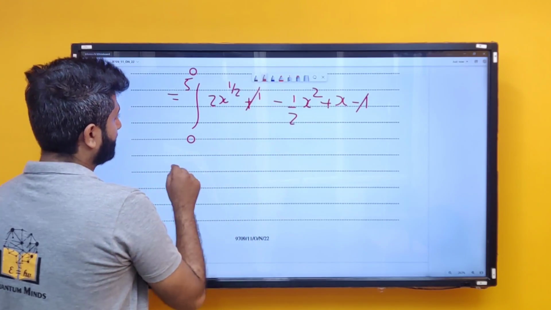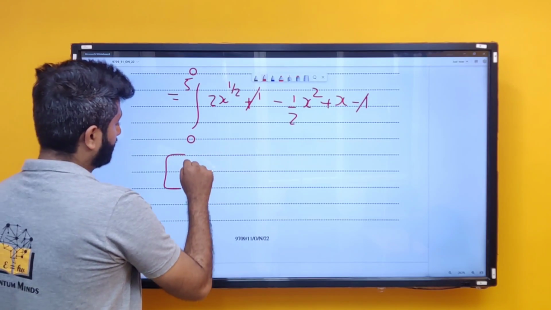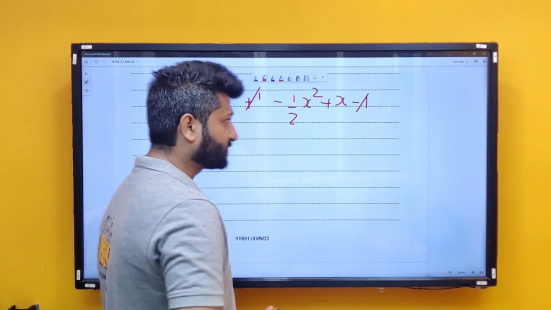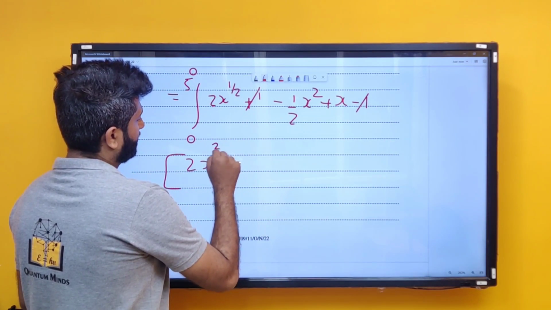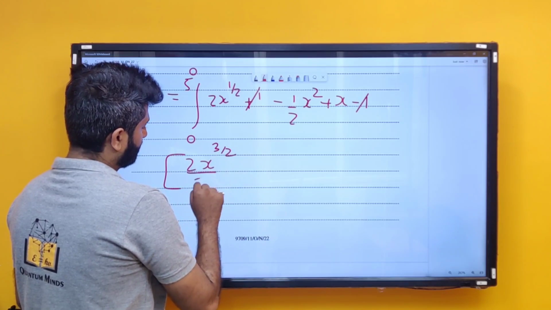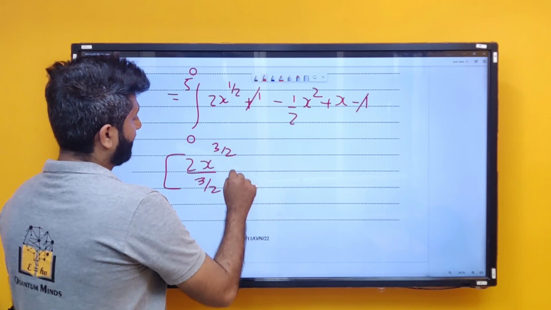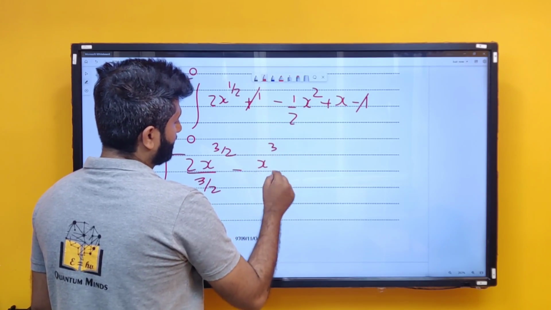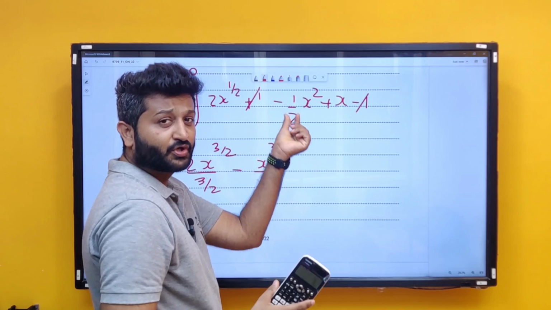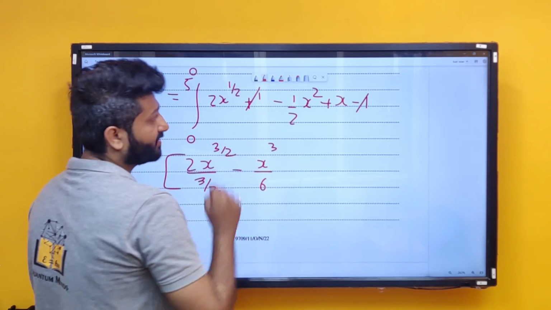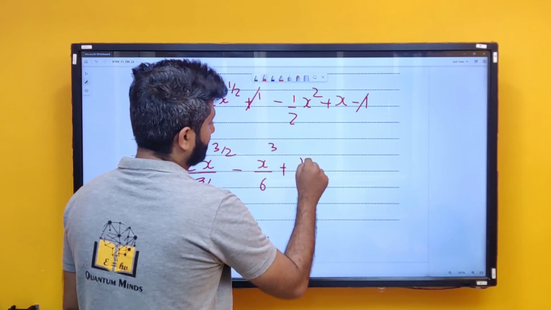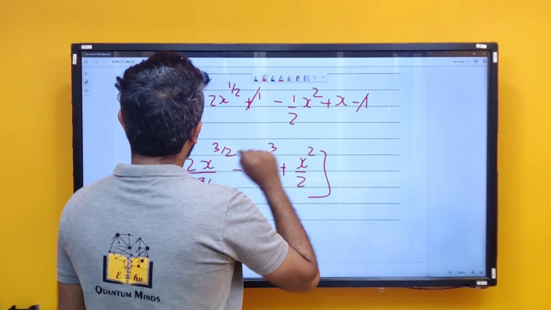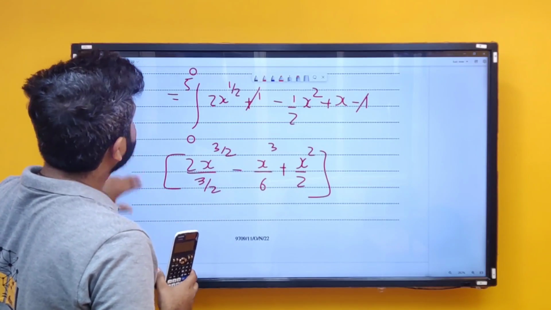So now let me integrate. So integration is going to be 2 x power half is x power half plus 1 upon half plus 1. So x power 3 by 2 upon 3 by 2 minus, this is x square is x cube by 3, but we already have 2, so 2 into 3 is 6, and this is x square by 2, and the limits are from, it was not 5, I guess it was 4.